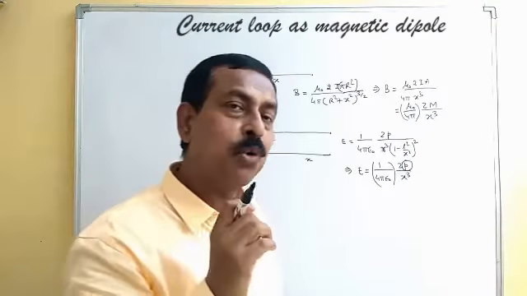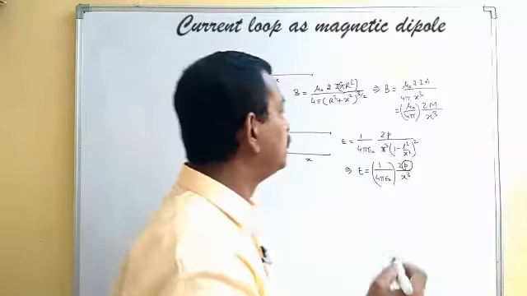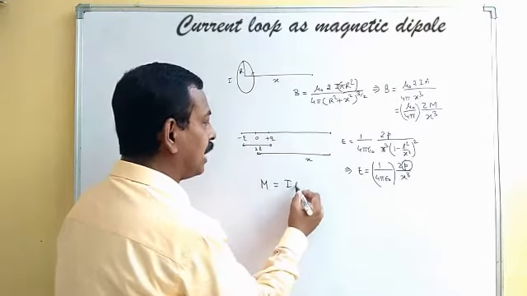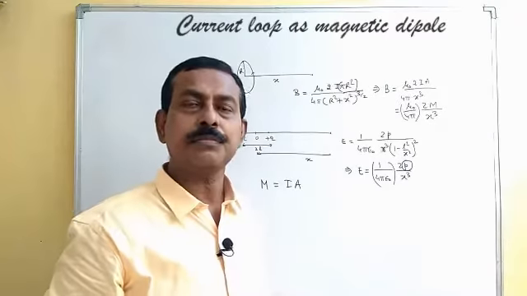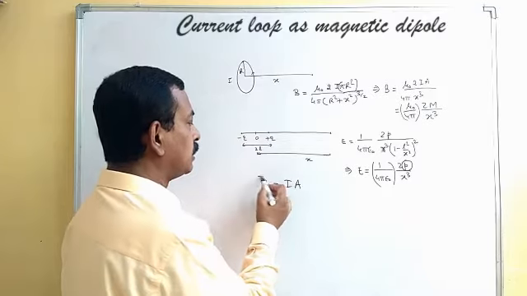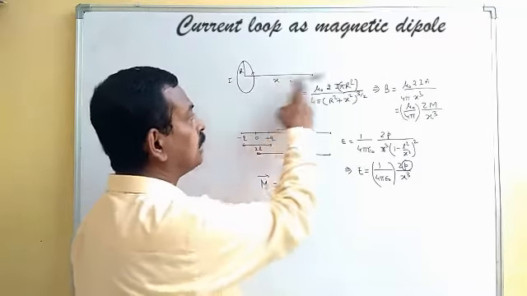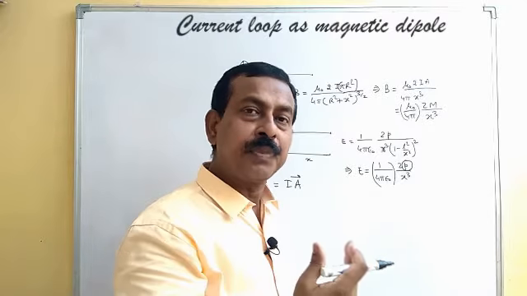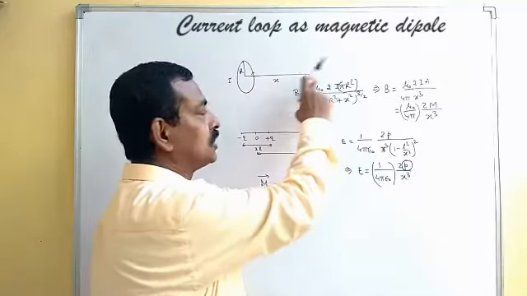So magnetic dipole moment for the current loop, we can take that it is like I into A. And its direction will be given by the vector A. That means it will be normal to the plane of the loop. So it will be acting in this direction.